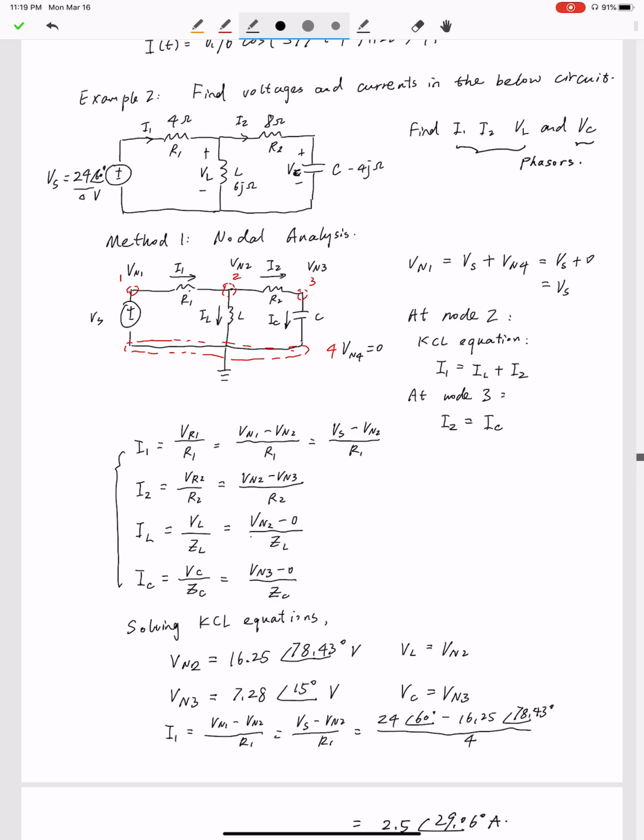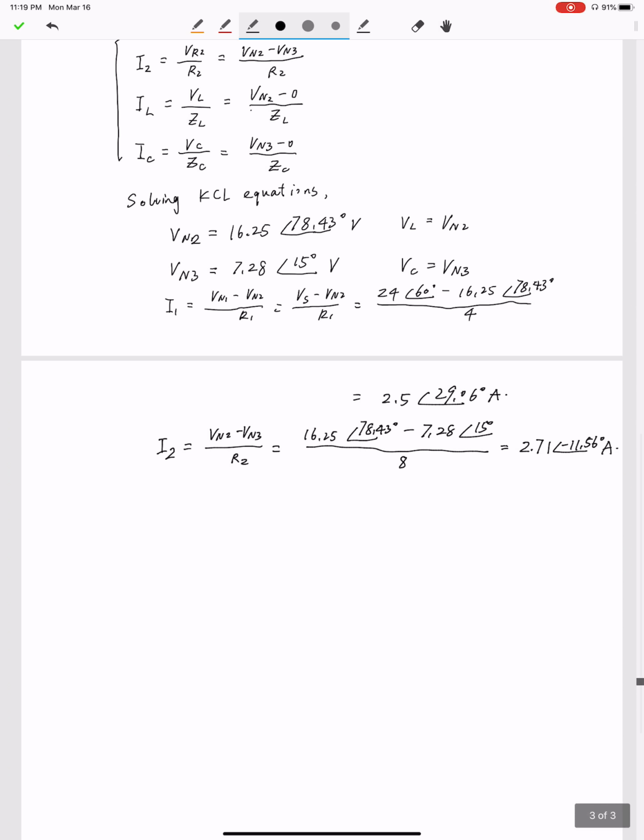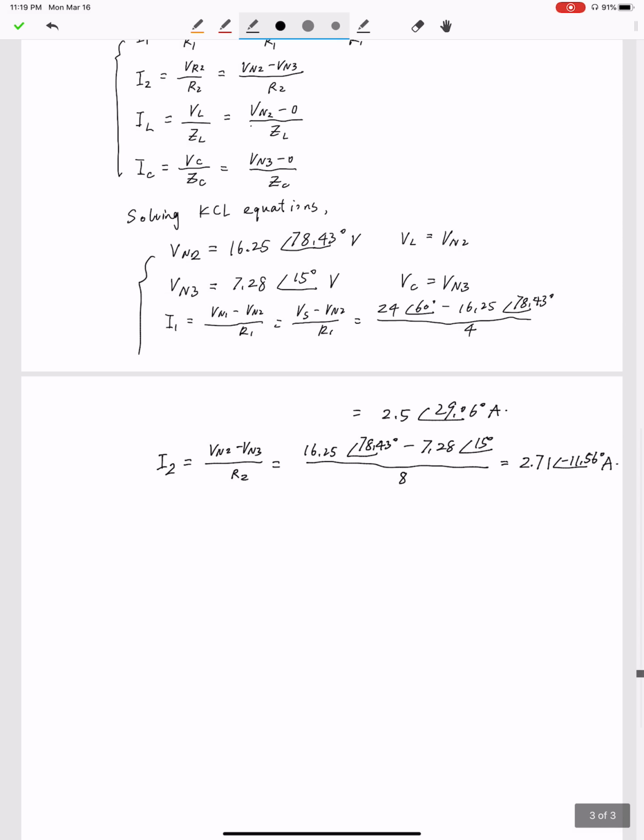If you want to find the time domain functions, you have to know the source frequency, which is not provided by this question. But if you have the source frequency, then you can also represent these 4 variables in cosine function representations. Right, so that's this question.